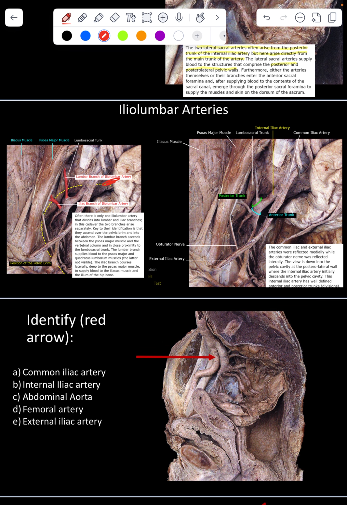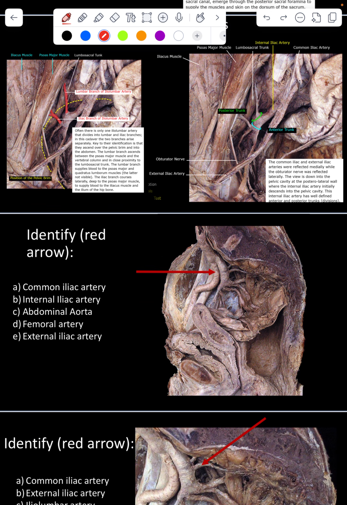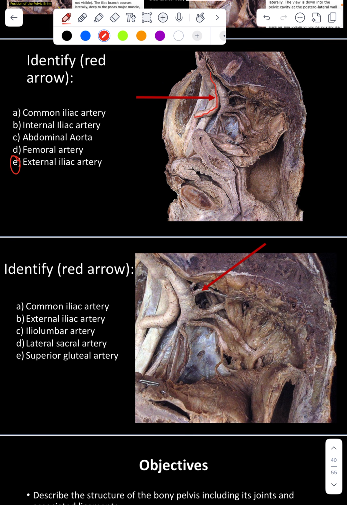Iliolumbar technically has an iliac branch and a lumbar branch. I thought she would ask that. Here, what is this? So it's going out towards the thigh area, not into the pelvis with all these branching things. So that has to be external iliac. Going laterally to the sacrum, lateral sacral.